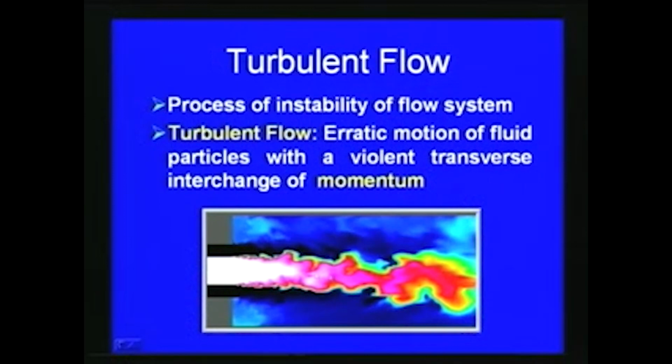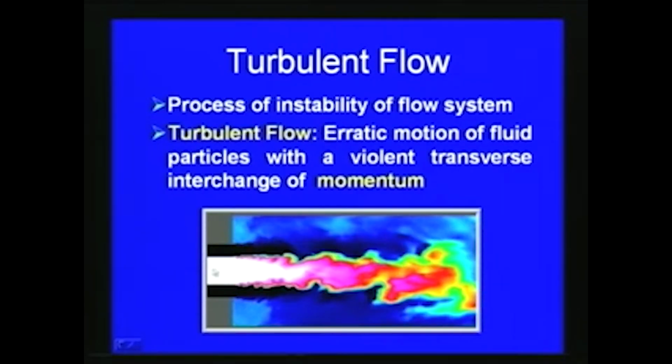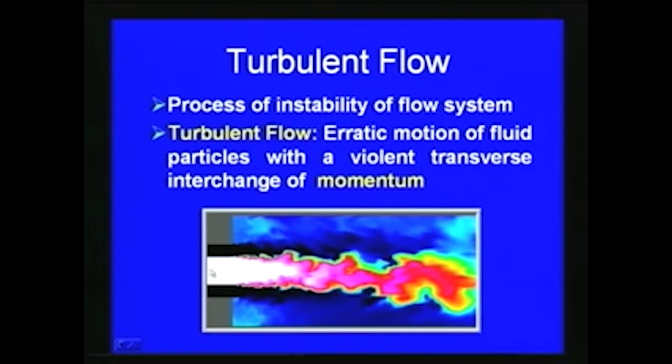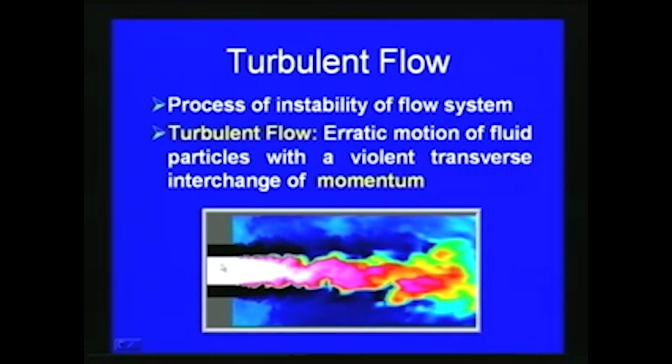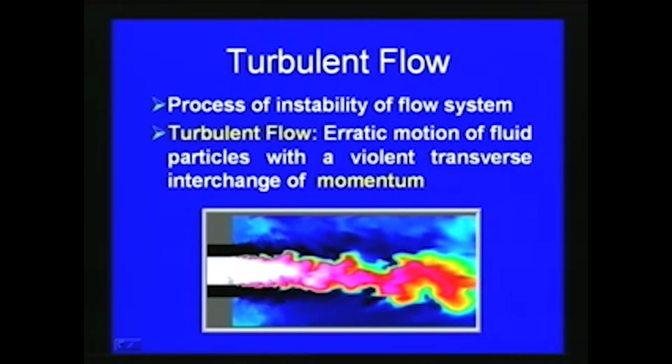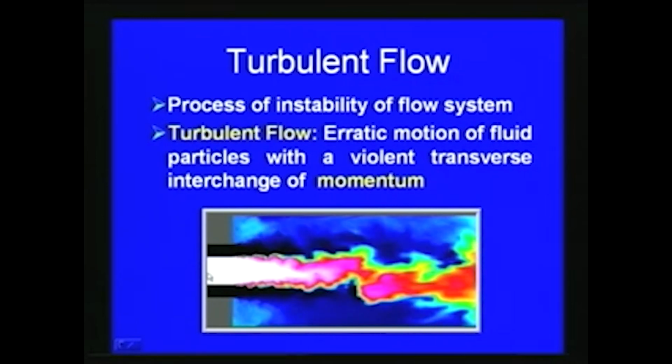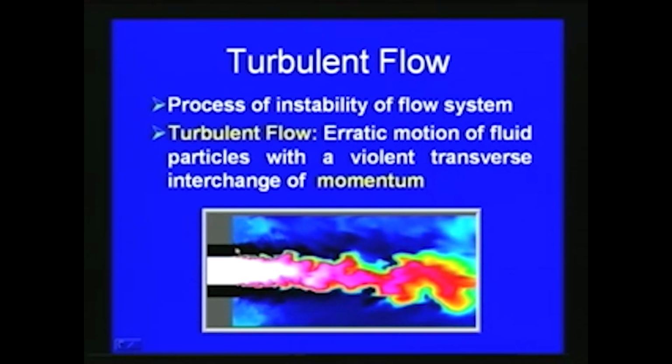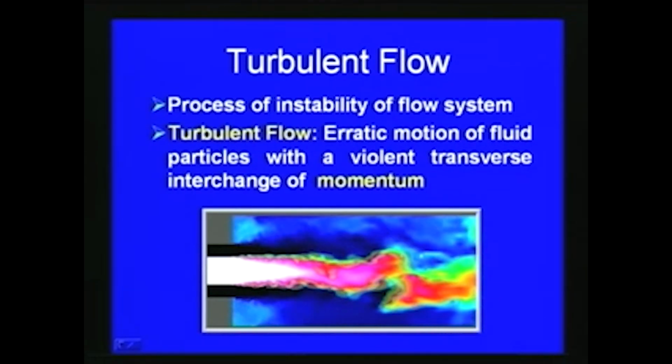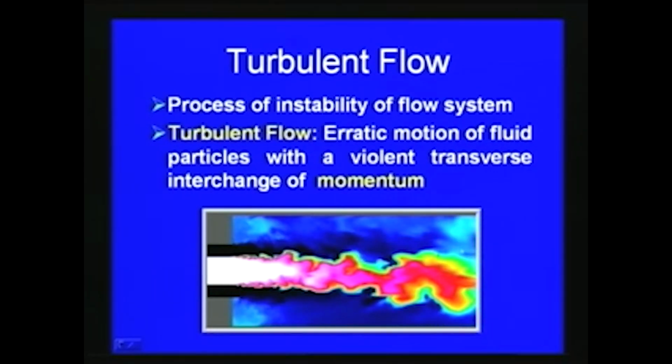Here, the flow is initially laminar. These are the pollutant gases coming out of a chimney or a pipe. Depending upon various conditions, initially it is laminar, then a lot of mixing takes place, and finally it becomes turbulent.